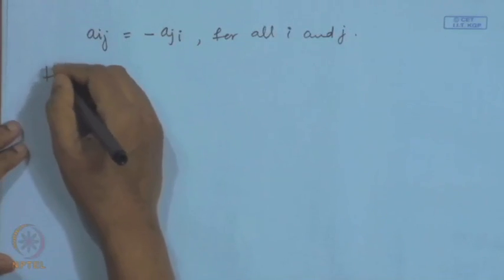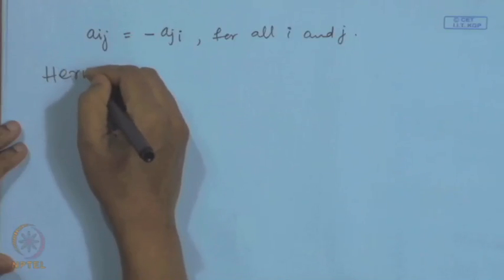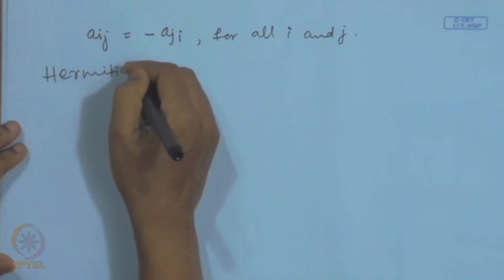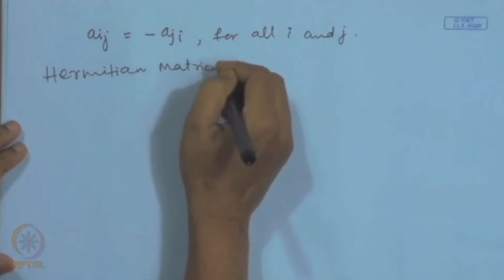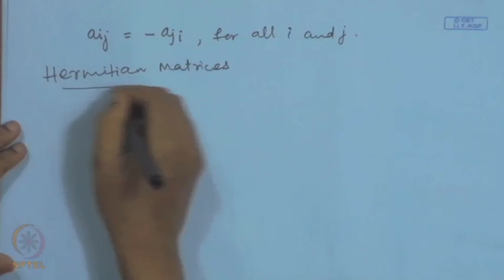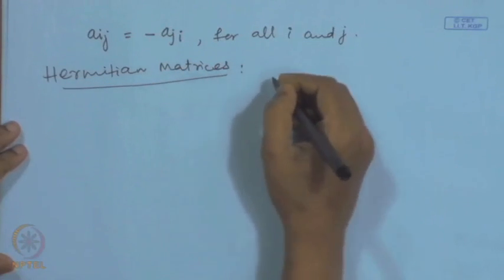Another important kind of matrices are Hermitian matrices, and they are defined over complex fields only.